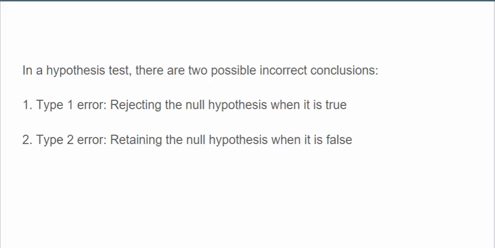A type 1 error is rejecting the null hypothesis when it's true, and a type 2 error is retaining the null hypothesis when it's false. So when you make a type 1 error, you've rejected something that shouldn't be rejected, and a type 2 error, you've retained something that shouldn't be retained. And so in the jury analogy, sending an innocent person to jail is a type 1 error because you've rejected the null hypothesis and you've said, I'm confident that something is happening, but really nothing is happening.